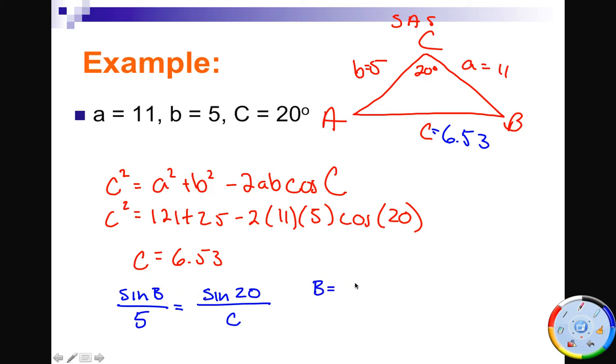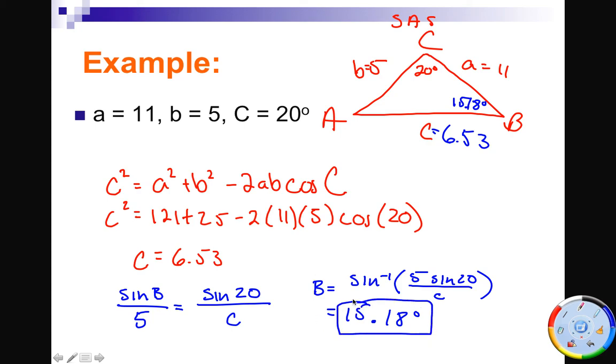So B is equal to the sine inverse of 5 sine of 20 over c, whatever c was. And I'm going to go straight to that. Sine inverse of 5 sine 20 divided by answer. And I get B is 15.18 degrees, approximately.